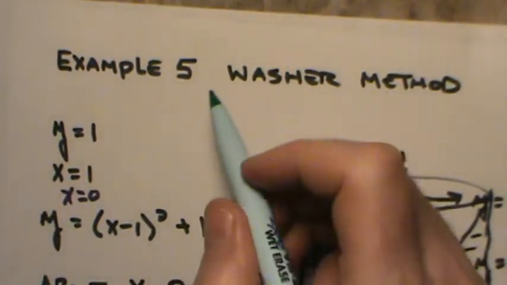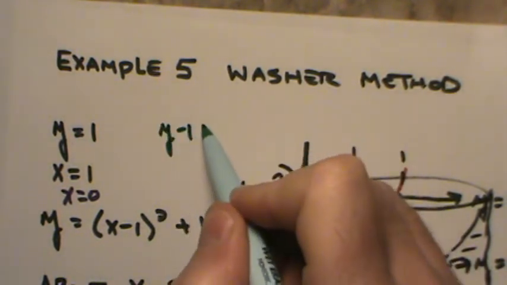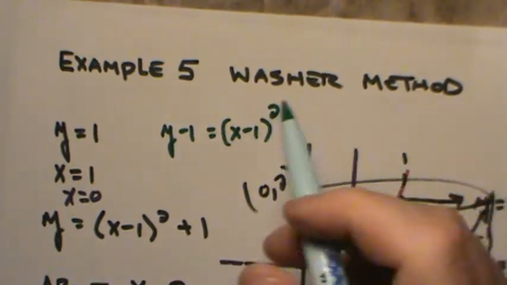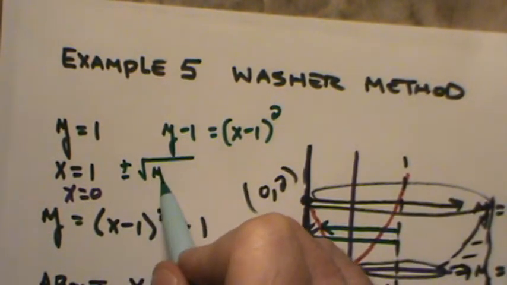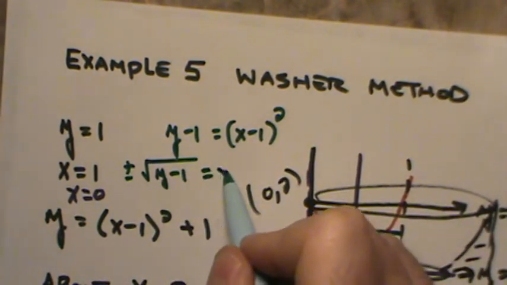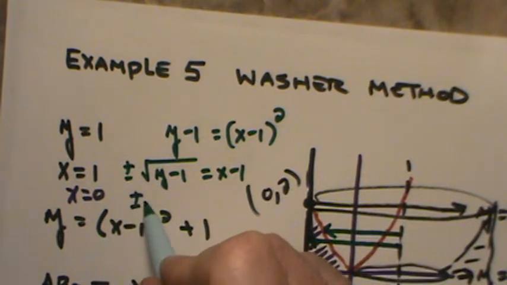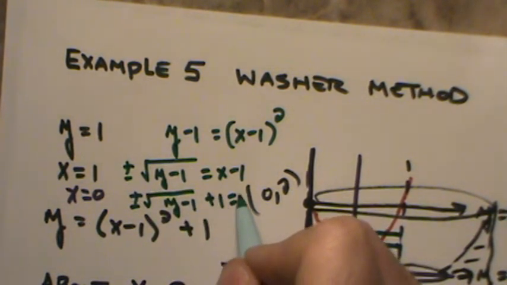I think I can do that up here. I'm going to simply move the 1 over. So y minus 1 is equal to (x minus 1) quantity squared. Then I'm going to root it. So this becomes plus or minus the square root of y minus 1 equals x minus 1. Then I need to move the 1 over. So it's plus or minus the radical of y minus 1, plus 1, equals x.